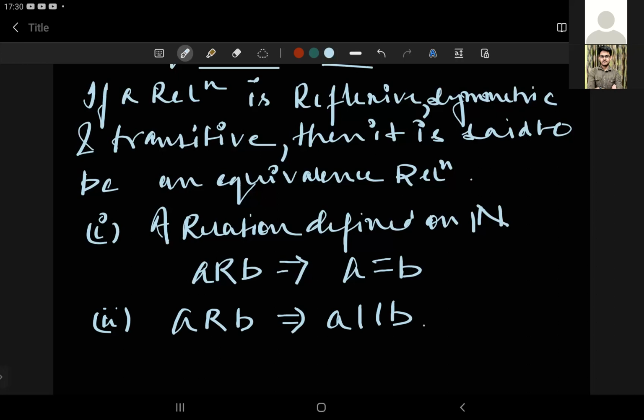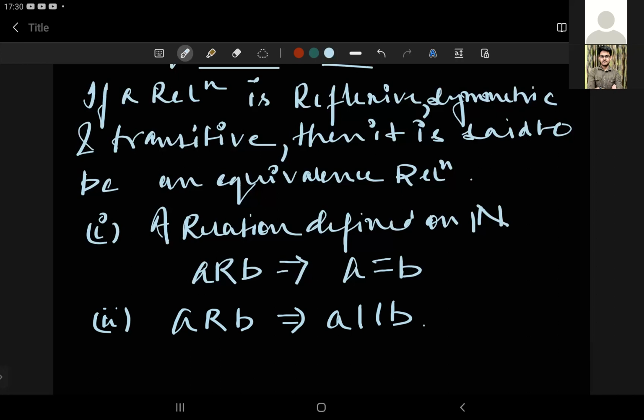Just think of it once. Just go through every relation one by one, and you'll get to know. Yes, sir, it will be an equivalence relation.